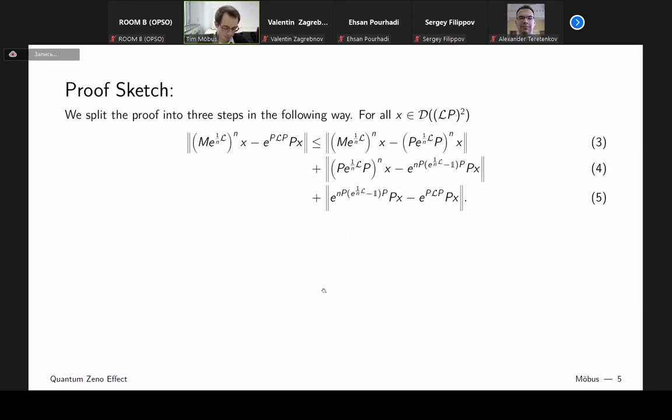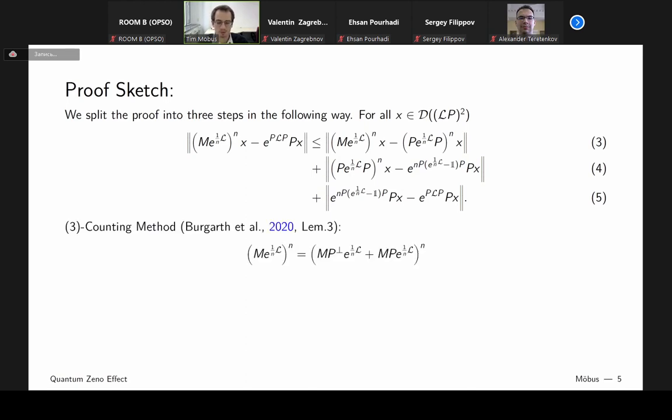So the proof is split into 3 parts. We add and subtract these terms, and then we upper bound all these 3 differences. For the first term, equation 3, we use a counting method, which is quite similar to a method used by Burkhardt et al. in 2020.